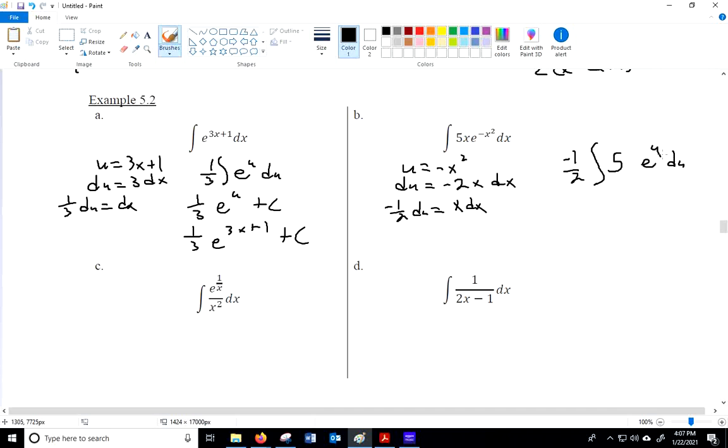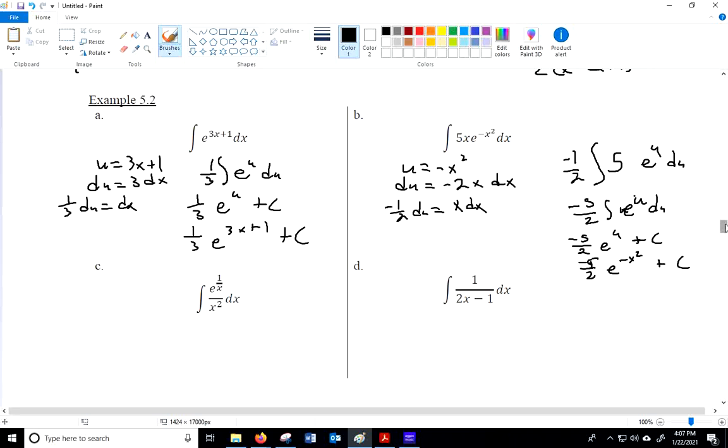Now, if you want, you can go ahead and bring that 5 out while you're bringing out the negative 1/2. So it's really negative 5/2 times the integral of e to the u du, which ends up being e to the u plus c. So this is negative 5/2 times e to the negative x squared plus c.